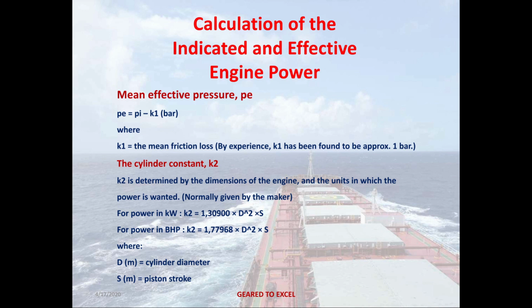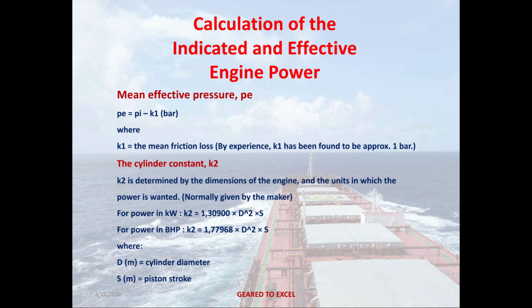For power in kilowatt, K2 is equal to 130900 into D square into S. For power in bhp, K2 is equal to 177968 into D square into S, where D is the cylinder diameter in meters and S is the piston stroke in meter.